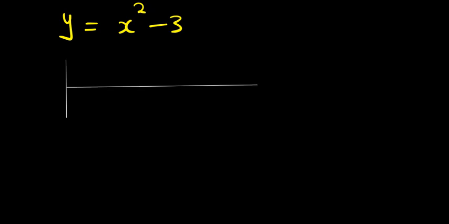Okay, so let's say I've got a scenario where y is equal to x to the power 2 minus 3. So how do we solve such a one? If I'm going to go for the table method, let's say this is my simple table.